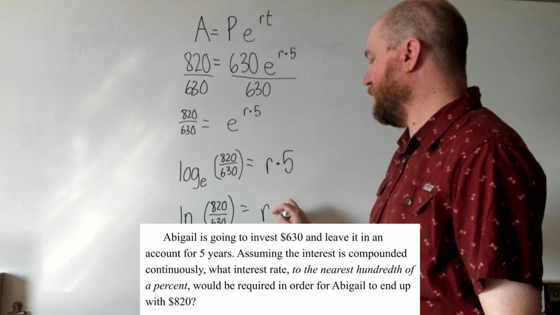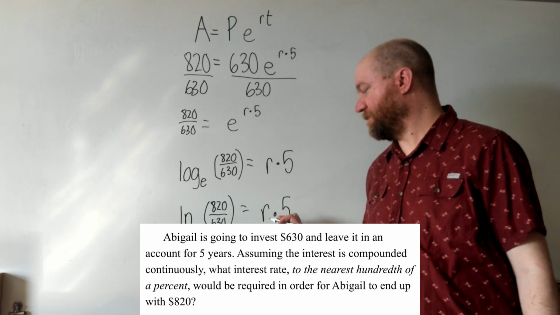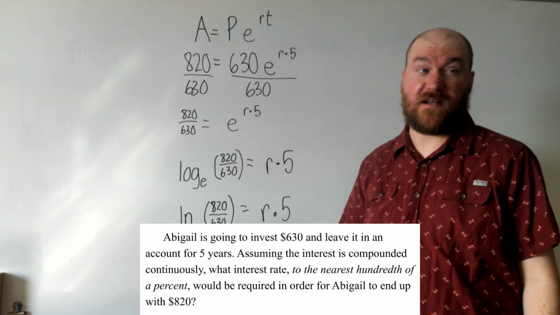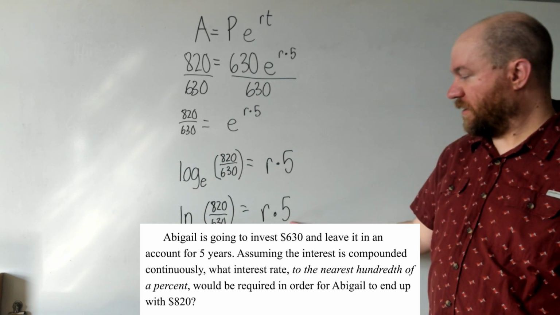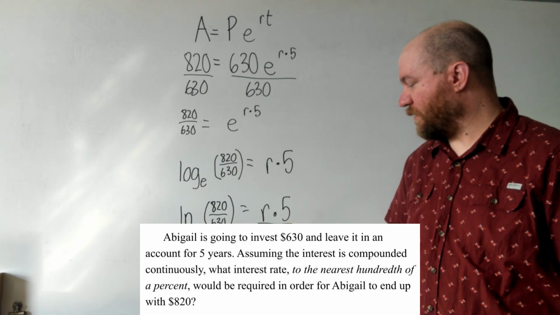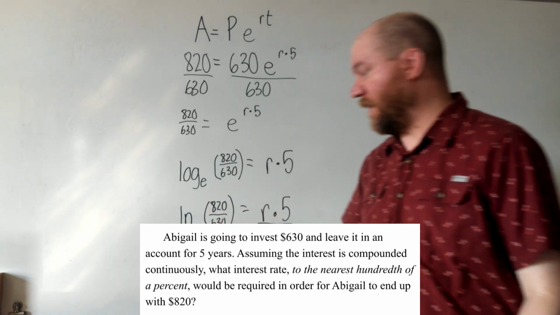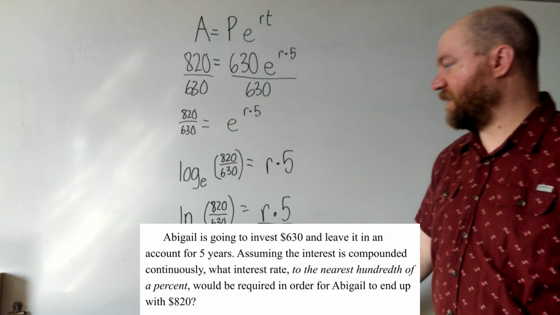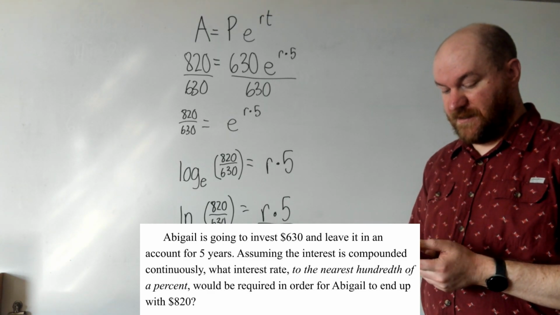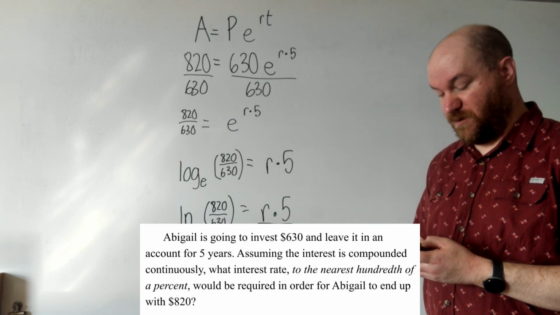And then when we're done, we have 5r. So when we're done with that whole decimal on our calculator, we're going to have to divide by 5, right? Because we want to get the value of r, not 5r. So I'm going to do that now. And I'm going to type that all at once on my calculator. And I'm going to get the answer without doing multiple steps.